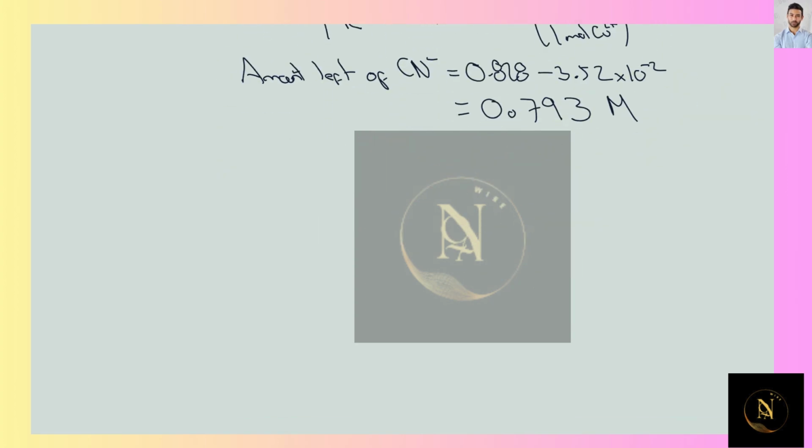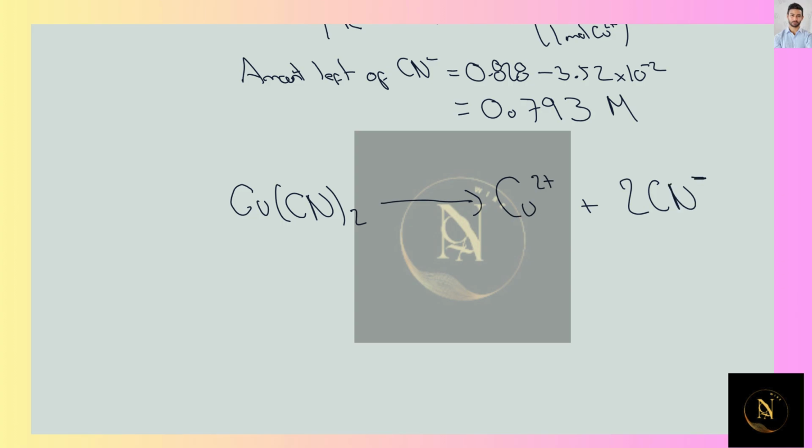So now for our formation constant of the compound, we're going to take the inverse of that formation constant: Cu2+ plus 2 cyanide minus.